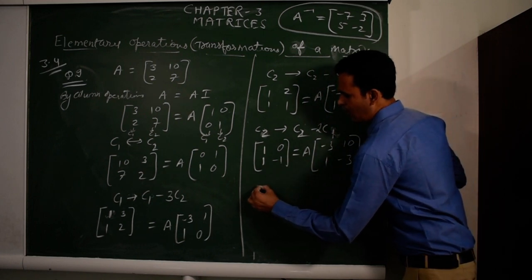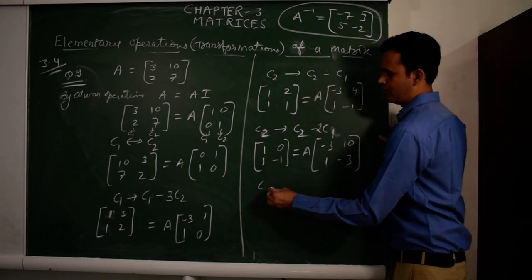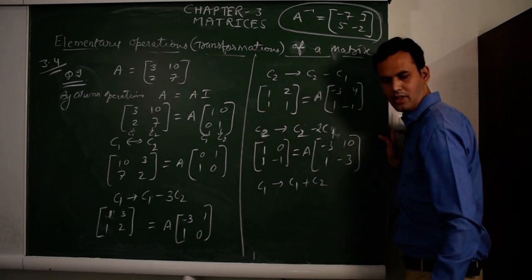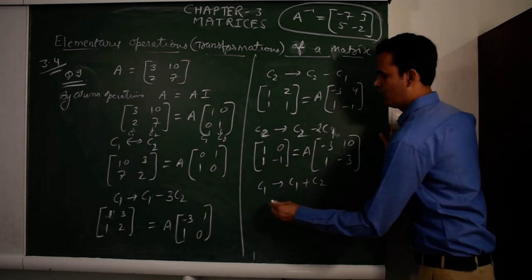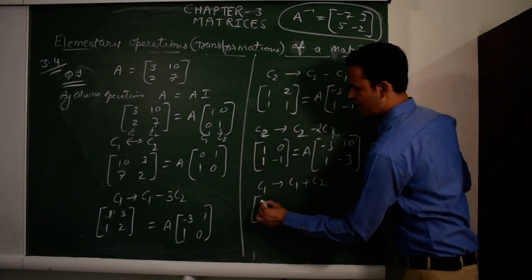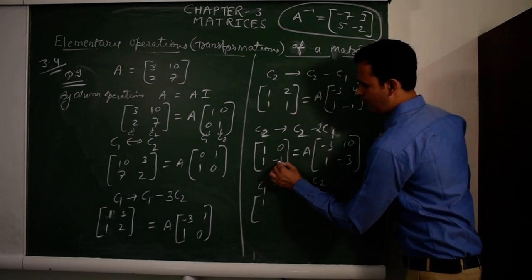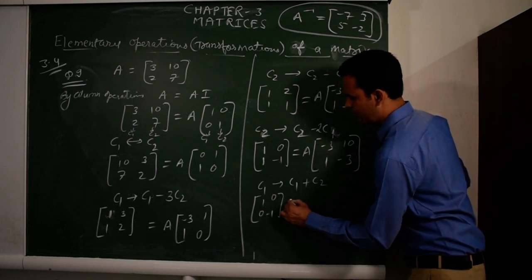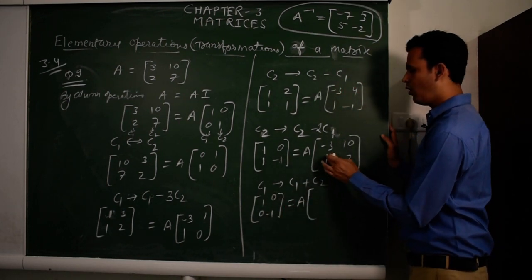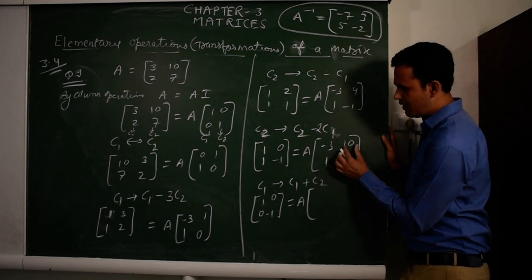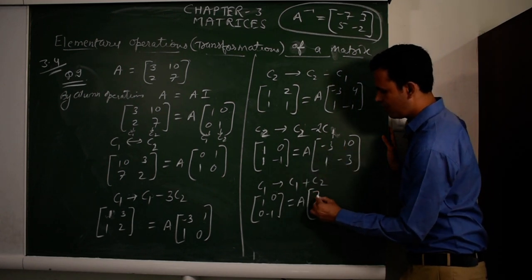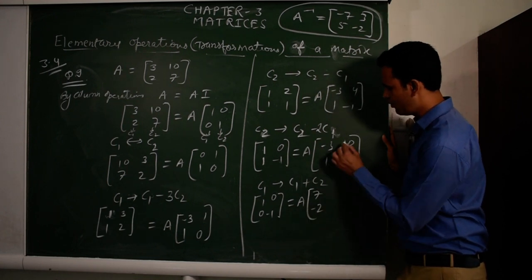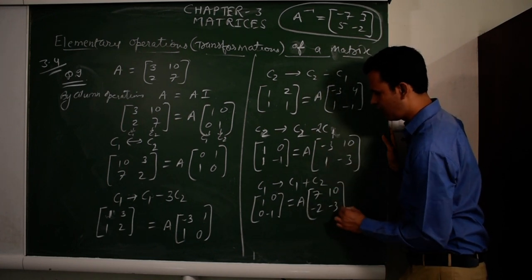Now change in C1: C1 plus C2. Next change is C1 plus C2. So 1 plus 0 is 1, 1 plus minus 1 is 0, 0 and minus 1. Same operations here. C1 plus C2: minus 3 plus 10 is 7, 1 minus 3 is minus 2, 10 and minus 3.